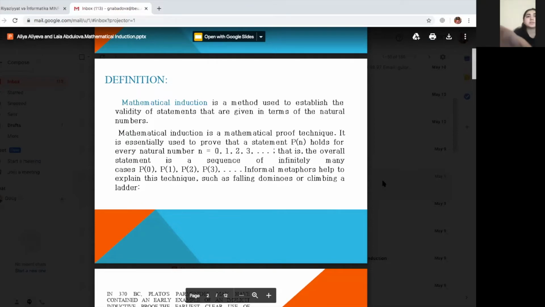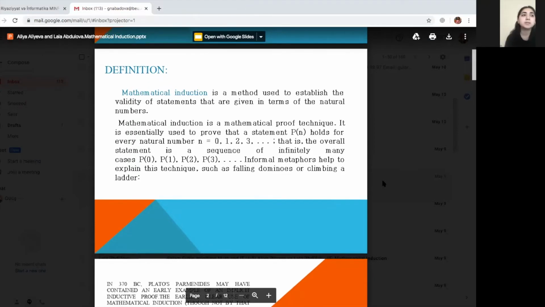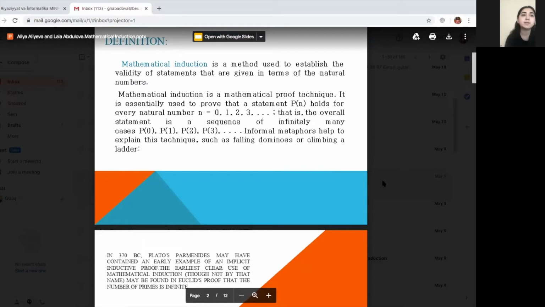It is a mathematical proof technique, essentially used to prove that a statement P(n) holds for every natural number n equals 0, 1, 2, 3, and so on. That is, the overall statement is a sequence of infinitely many cases: P(0), P(1), P(2), P(3), and so on. Informal metaphors help to explain this technique, such as falling dominoes or climbing a ladder.